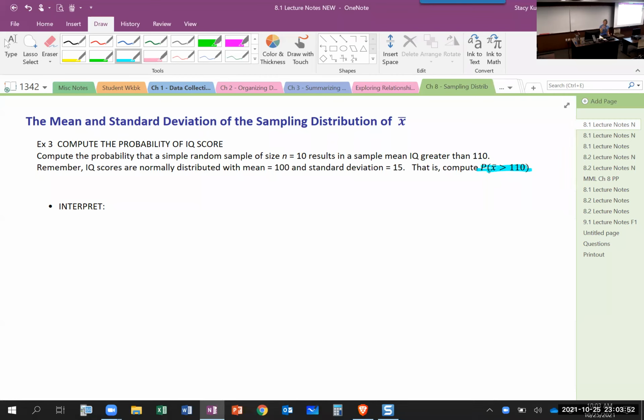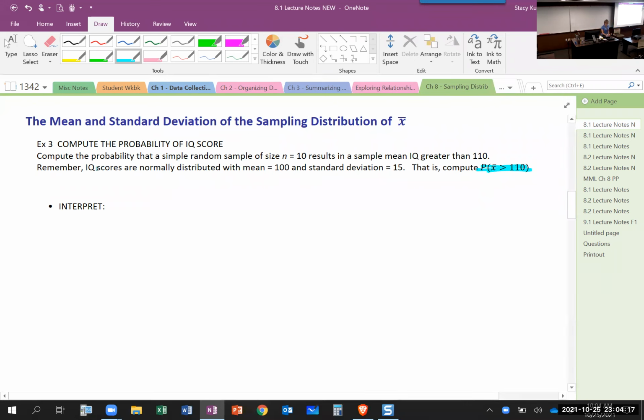Now, that's going to be the same process as finding the probability of a normal distribution that we did last week, right? 7.2, we were asked to do exactly the same thing. We wanted to know what was the likelihood that my random variable was going to be greater than or less than something. Okay, so it's not any different, but we want to make sure of a couple of things.